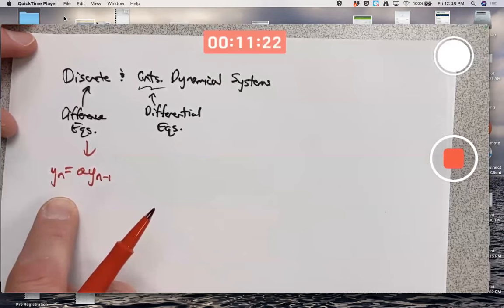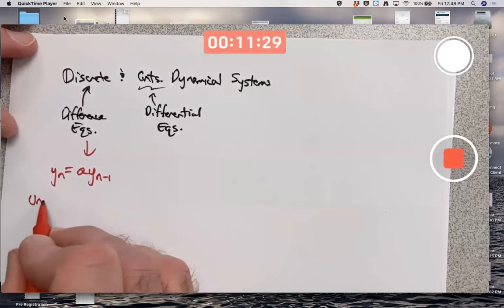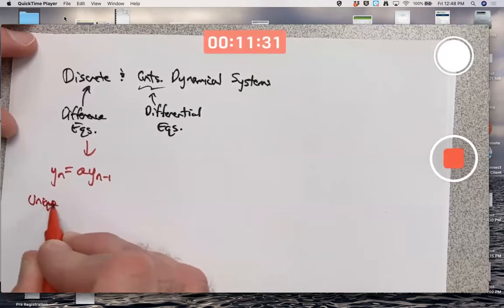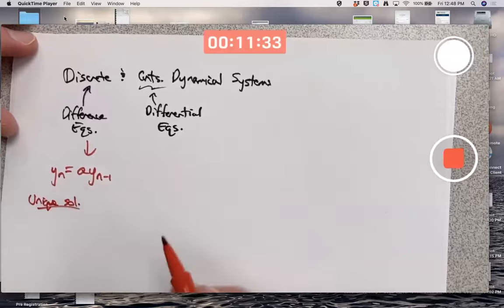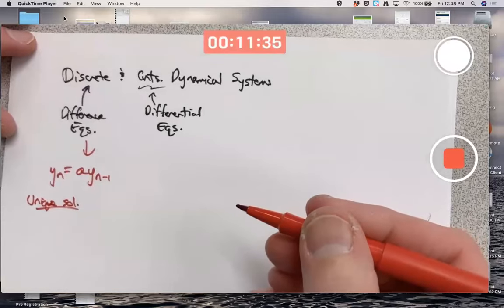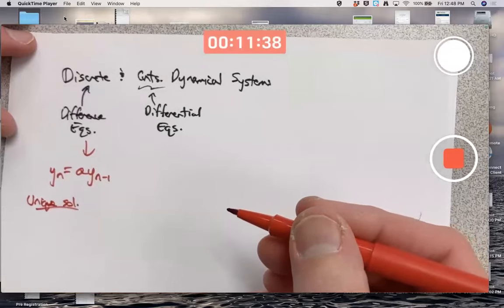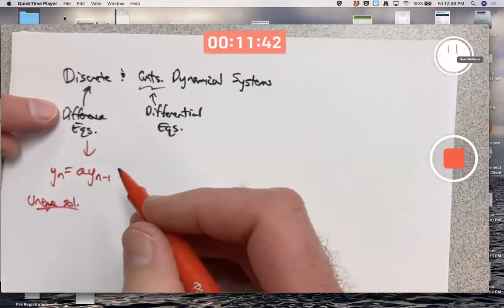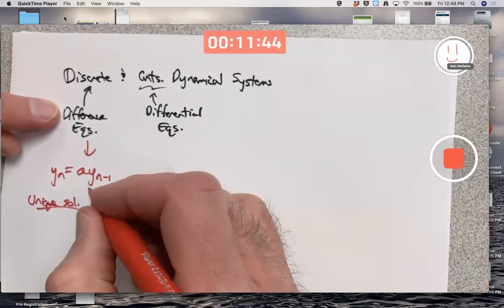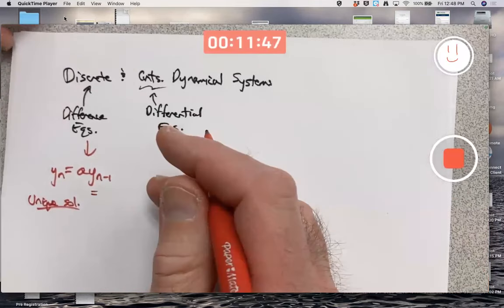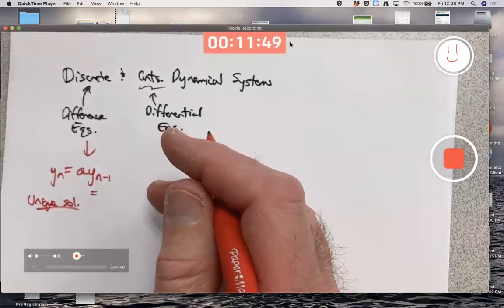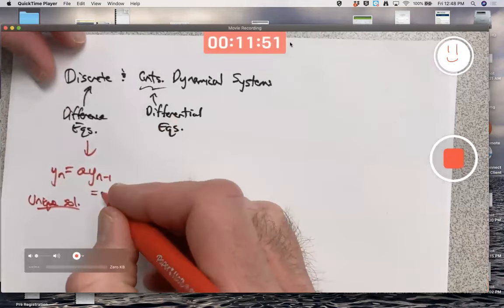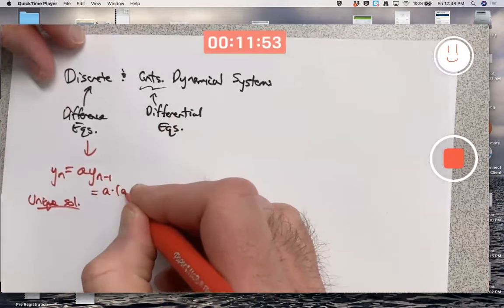And assuming you've got a fixed initial condition y sub 0, the unique solution is found by iterating instead of integrating. It's kind of fortunate. Difference and differential both start with D, and iterating and integrating both start with I. How about that? Iterate the equation, keep going over and over again. That's how you solve a difference equation like this.